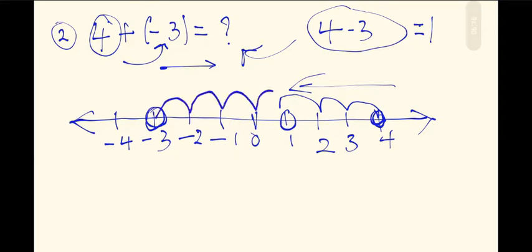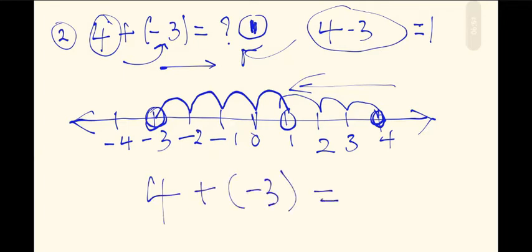Oh, you see, we fall on the same one. So 4 plus -3, as we have solved it in 2 ways, it's also giving us 1. So 4 plus -3 equals 1. I hope you had it right.